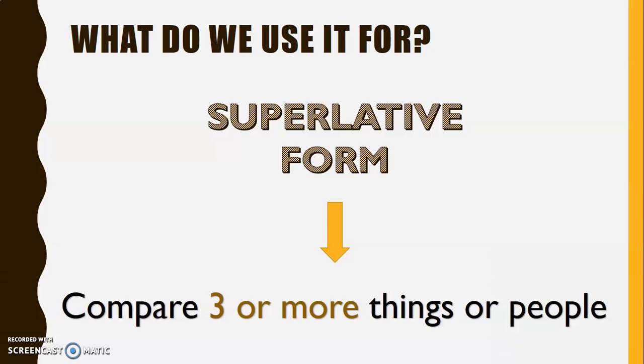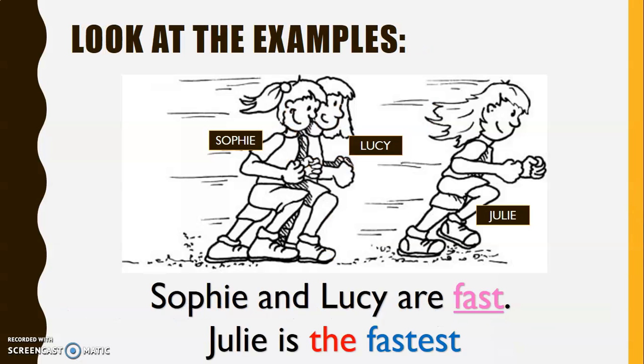So, we use the superlative form to compare 3 or more things or people in a group. Fíjense que recién comparábamos a Julie con Lucy y con Sophie. Ya no son 2 personas las que estamos comparando, sino que es una que se destaca del resto.